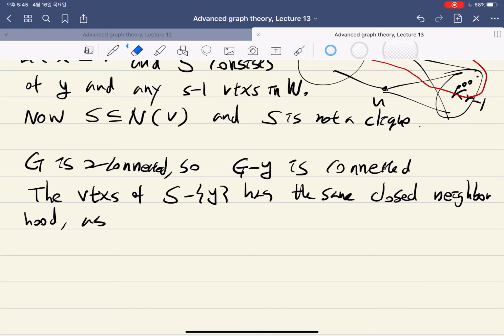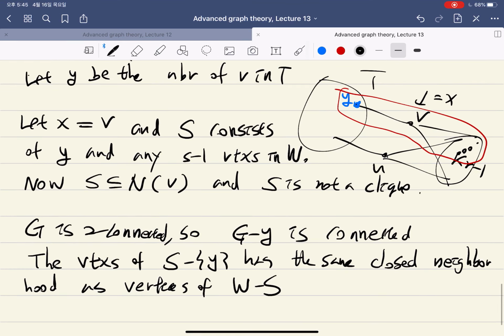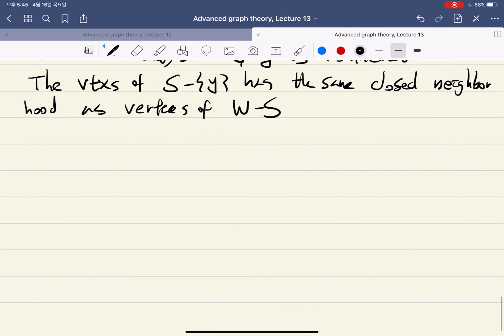They have the same closed neighborhood as the vertices of W minus S. So all the vertices here have the same neighborhood as here. So once we delete them, this is a complete graph, and then here we have U and the rest. So this must be connected, because again G minus Y is connected.